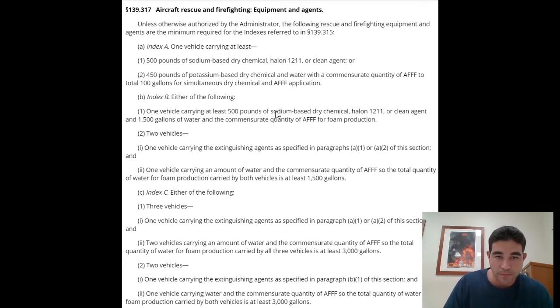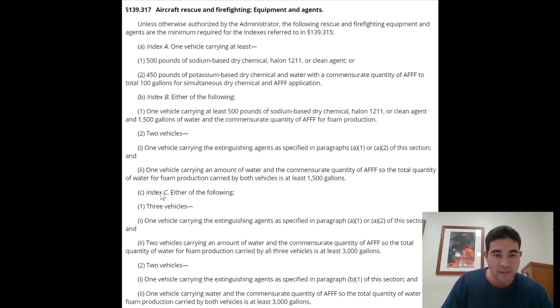So now you can have one vehicle or you could have two vehicles, one with the 500-pound dry chem and another one with the 1,500 gallons of water. They're giving you a choice. You can have one vehicle or two, but main thing, you have 1,500 gallons of water and 500 pounds of dry chem, and that is your index Bs.